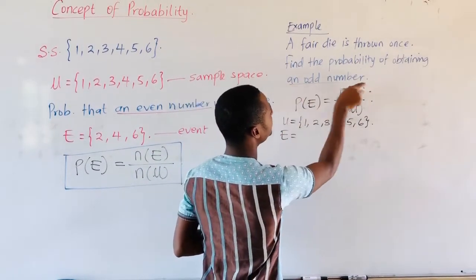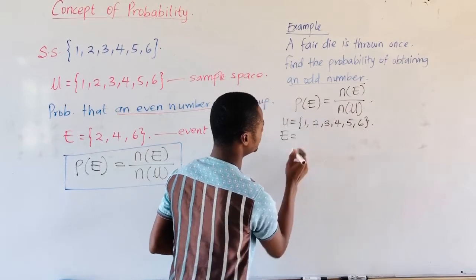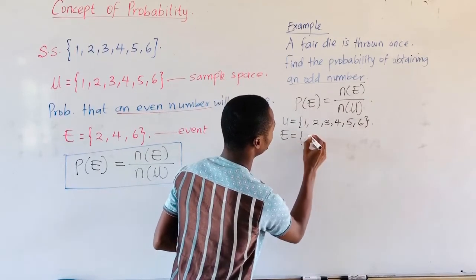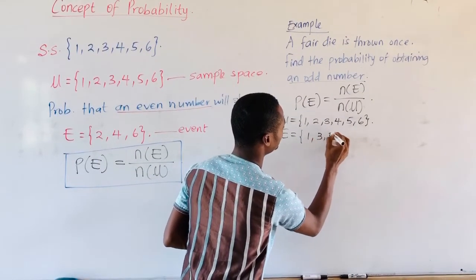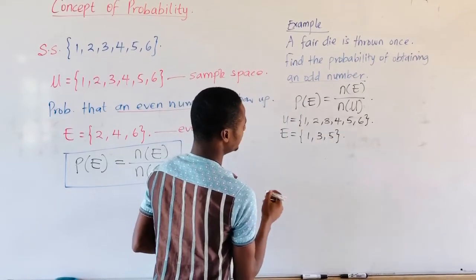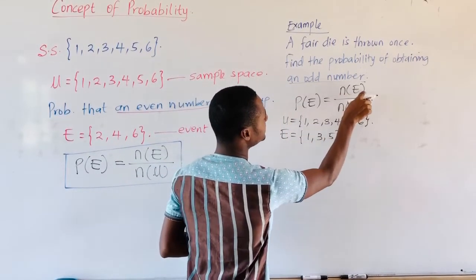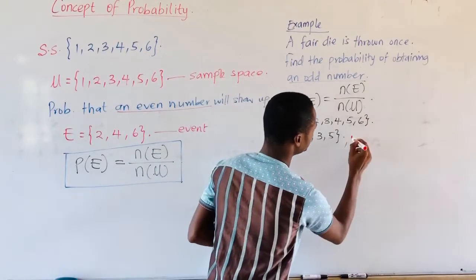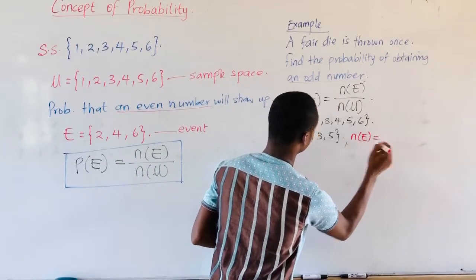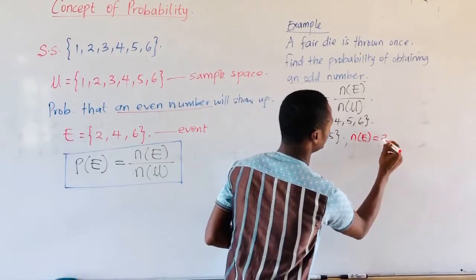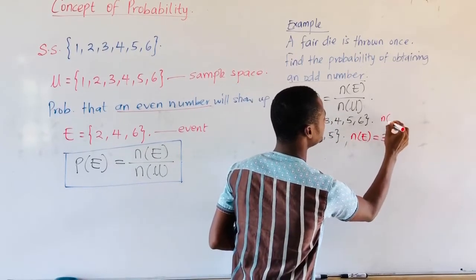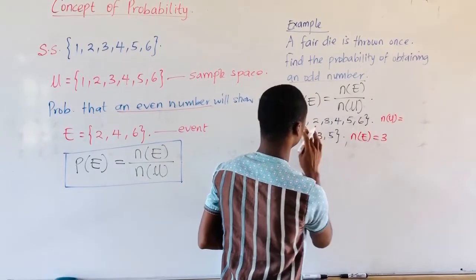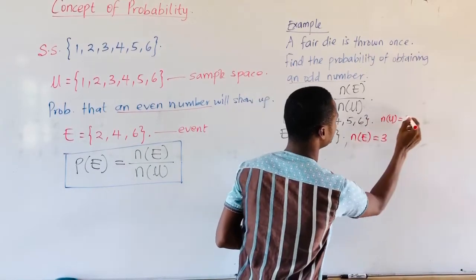Then, dealing with an odd number from this sample space, we will have {1, 3, 5}. Then, the number of elements in the event, which is what we are more interested in, is 3. And the number of elements in the sample space is 6.